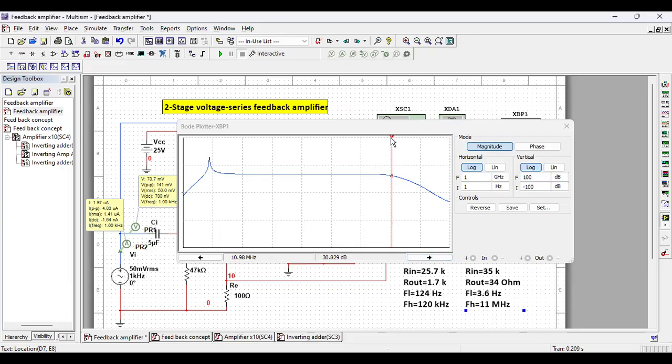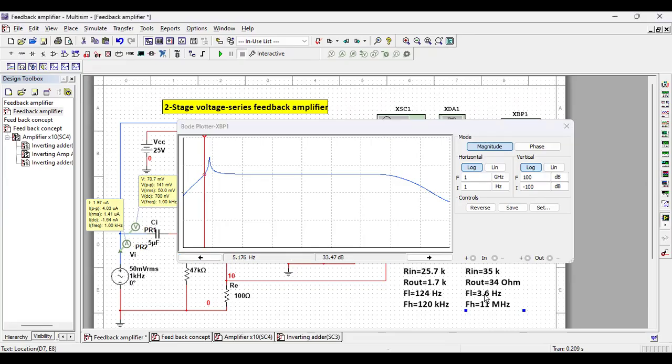And what is the lower cutoff? Midband 33.8. Lower cutoff, I'll go to 33.8. It's something like 5 hertz, right?